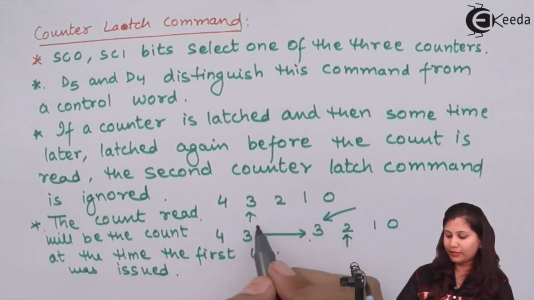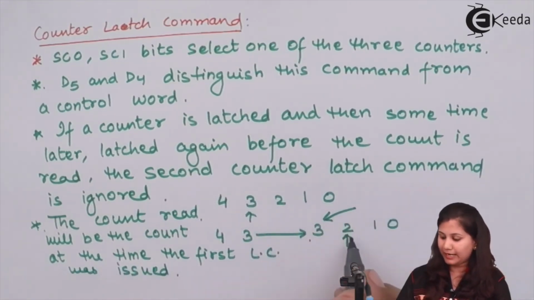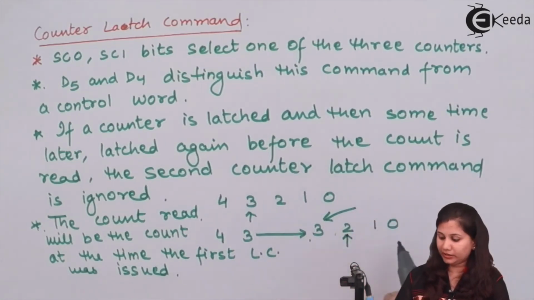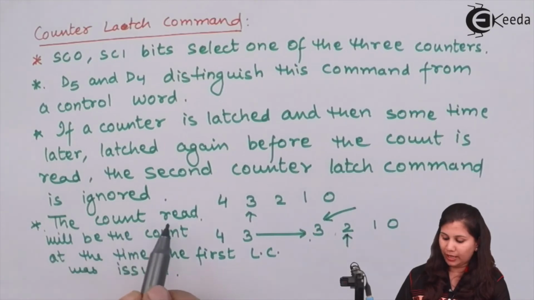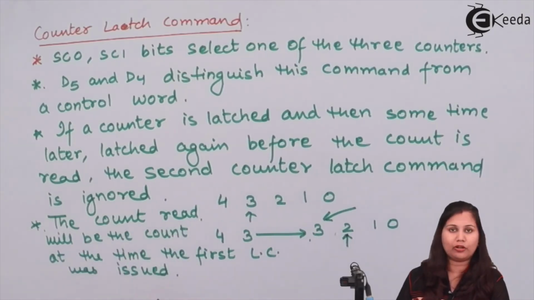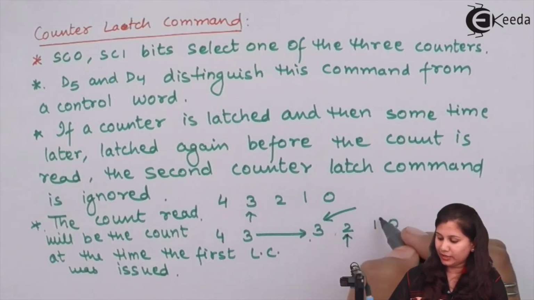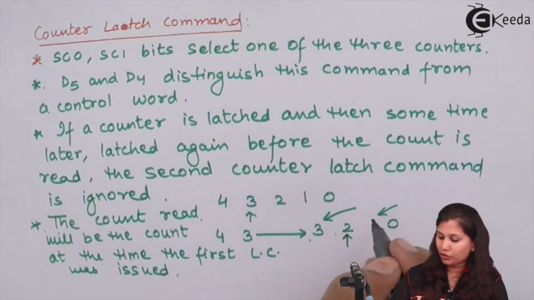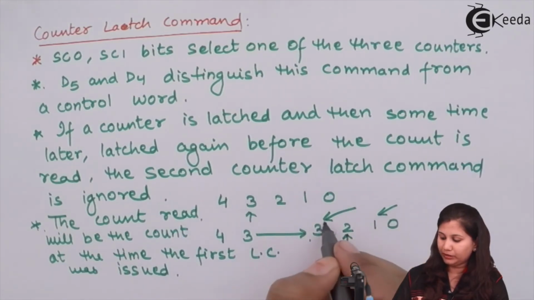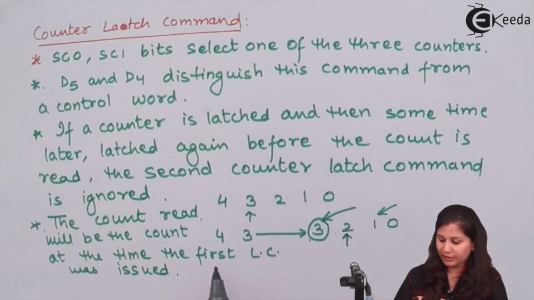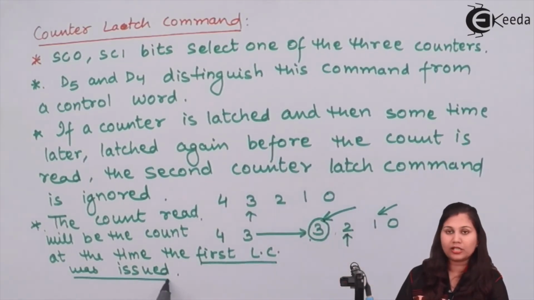So if the count value is latched a second time and the microprocessor then reads the count value, the count read will be the count at the time the first latch command was issued. If it is reading the count value, suppose at 1, the latched value will be the value when the first latching command was issued.